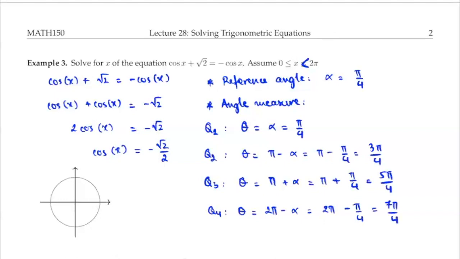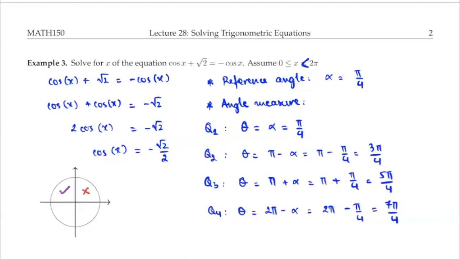After these calculations, go back to the manipulated equations, and you see that cosine has a negative value. In the first quadrant, cosine is positive, so you eliminate that. In the second quadrant, cosine is negative, so you choose it.